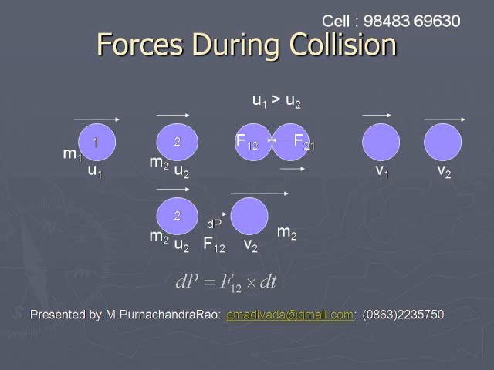Hence, dp of the second body will be from left to right. dp of the first body will be from right to left. dp will be equal to F12 into dt, where dt is the time for which the collision has occurred.